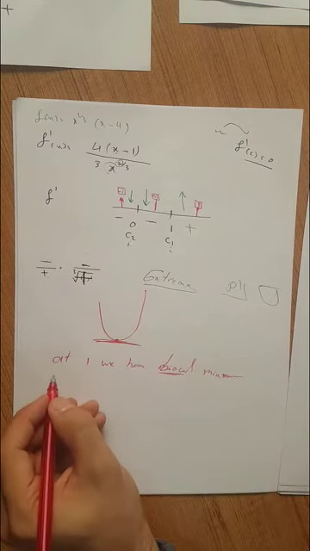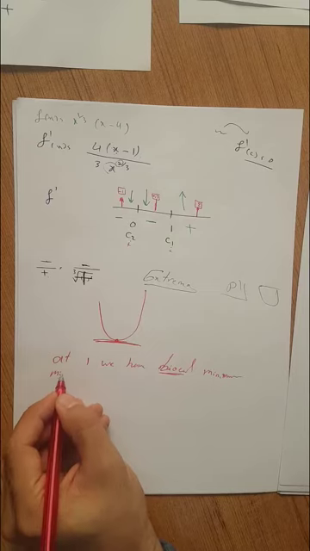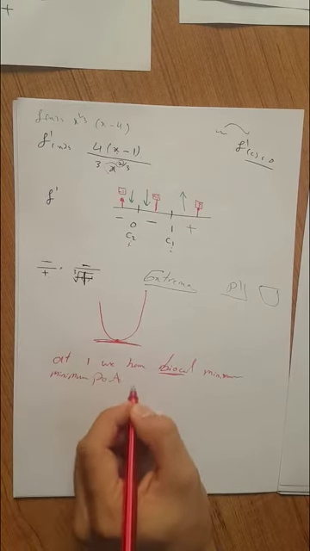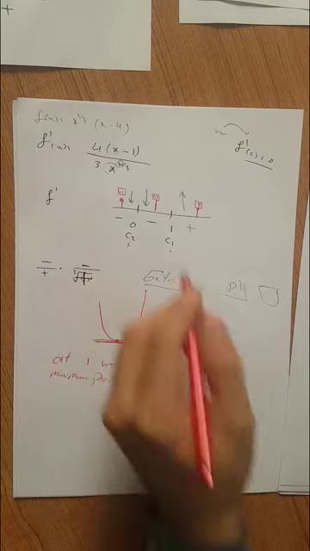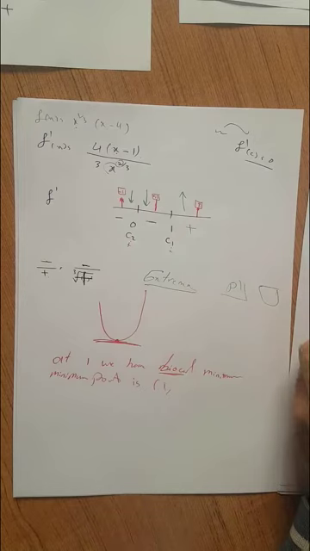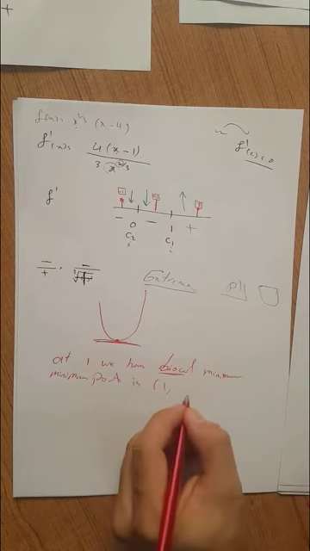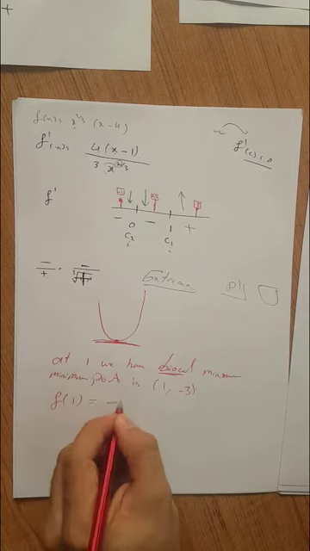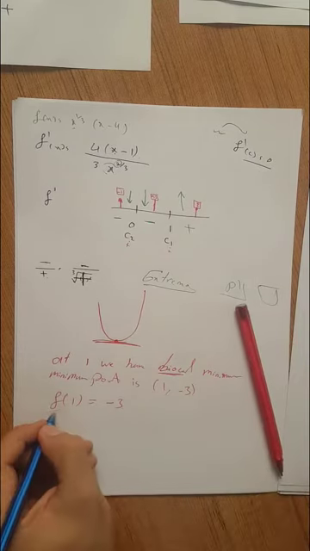So the minimum point is at 1, and put 1 in the function, and you get the result, which is equal to minus 3. F of 1 is equal to minus 3. Do not forget about that.